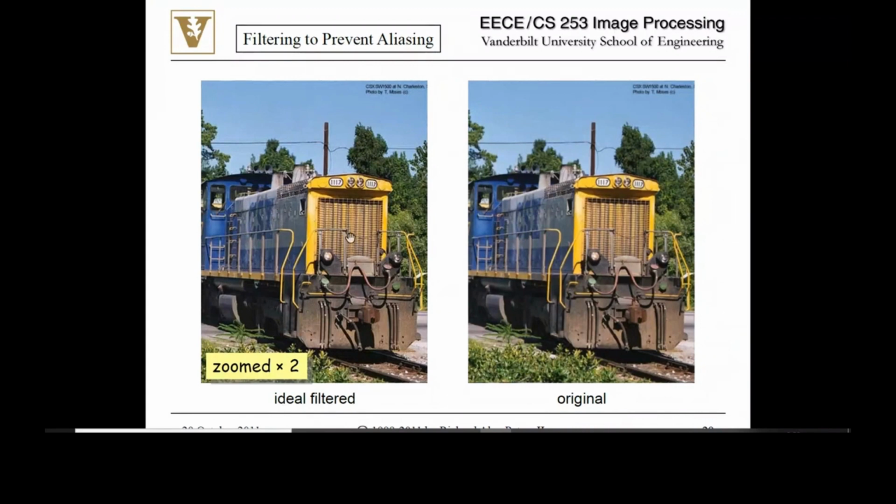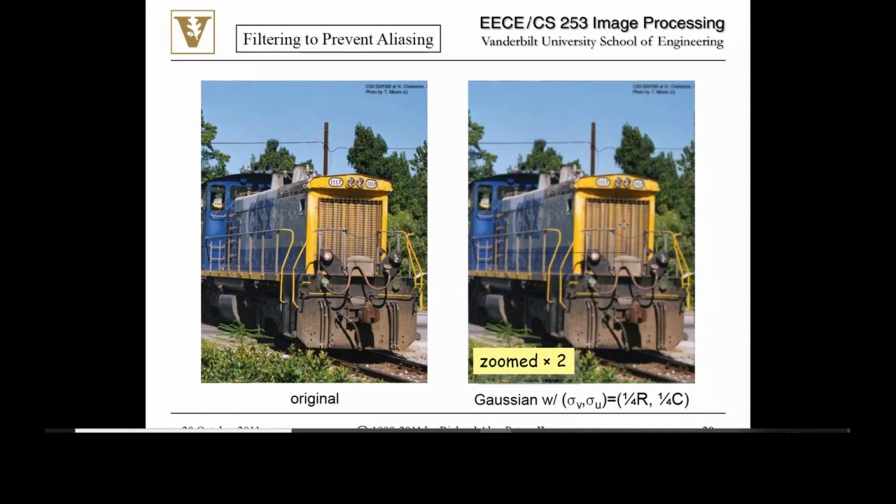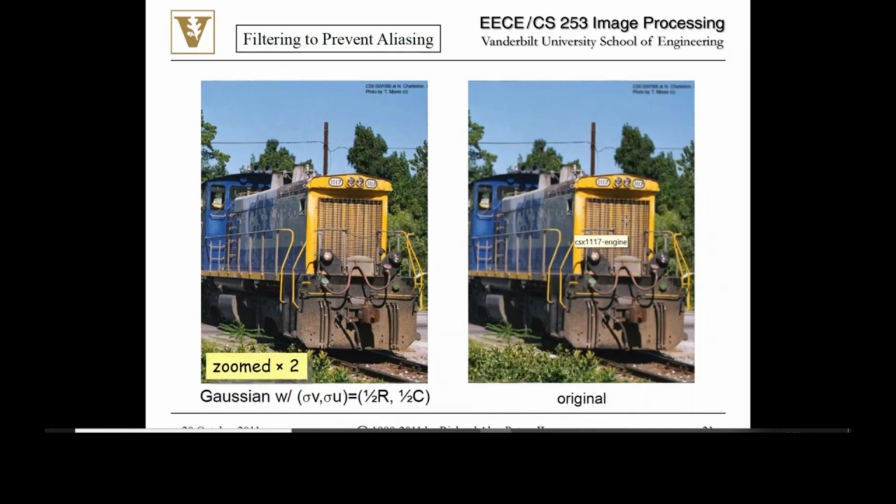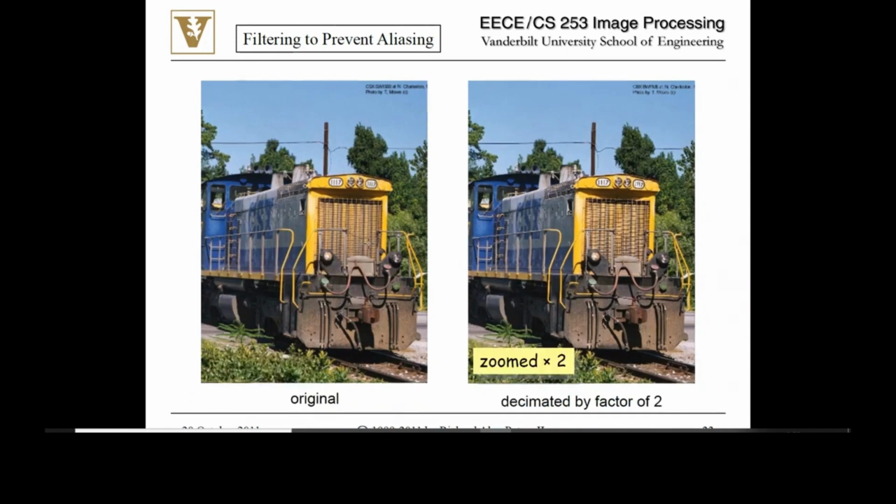So this is with the ideal filter, this is with the Gaussian that was smaller, and this with the Gaussian that is larger. And for the decimation, if you don't do any anti-aliasing filter, it is a complete disaster. You have a lot of aliasing.